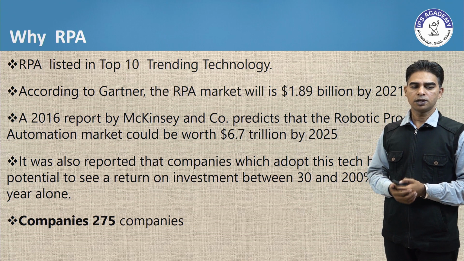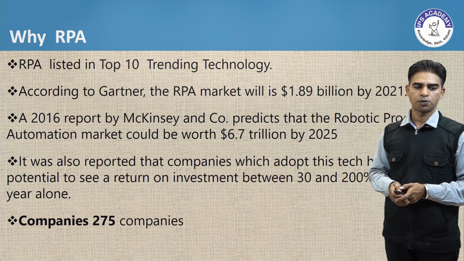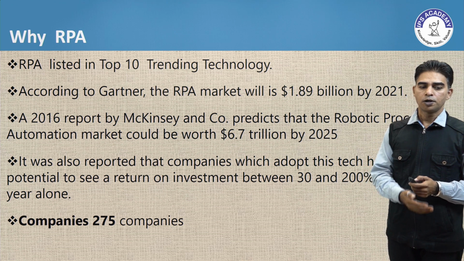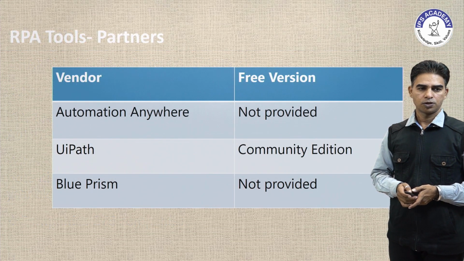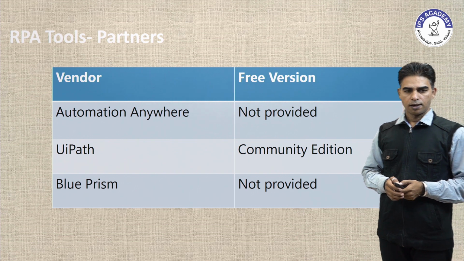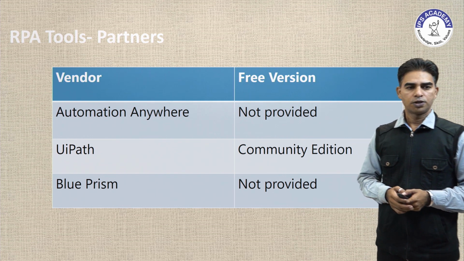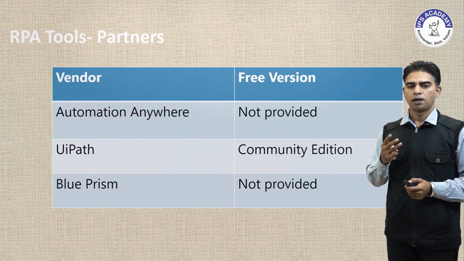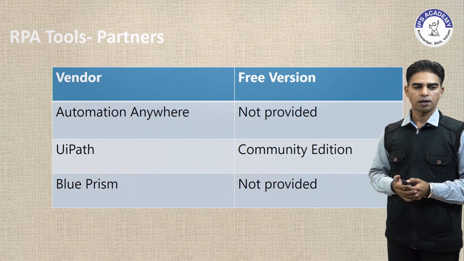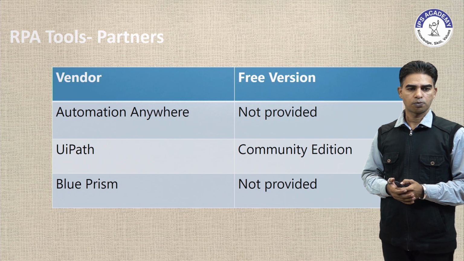So this is a huge market for robotic process automation, and already 275 companies are working in it. Now we look at which partners and tools are provided. There are three main key players in robotic process automation.